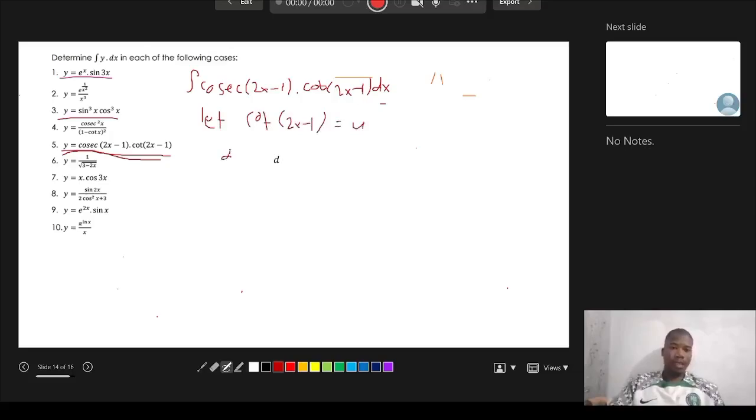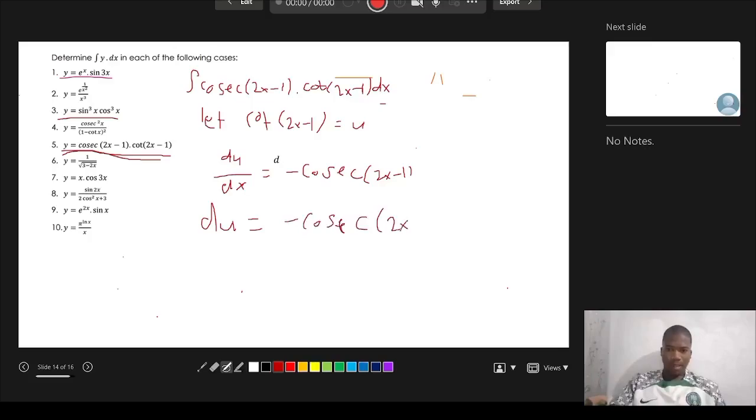Then we say du over dx is equal to negative cosec squared(2x minus 1), so du is equal to negative cosec squared(2x minus 1) dx, right?